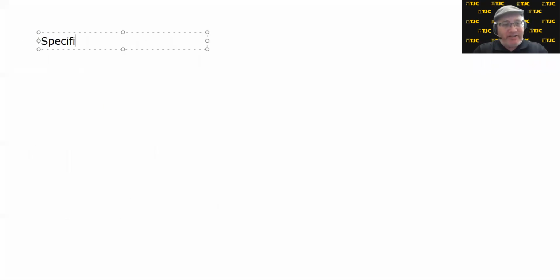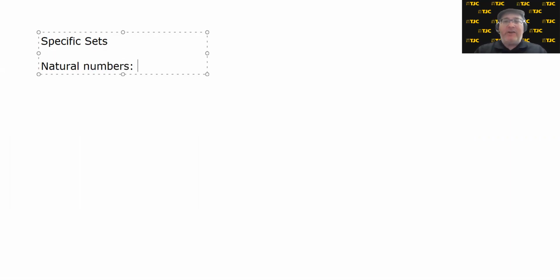These are some sets that you've probably heard of before, and we are going to encounter as we go through this course. The first set that we're going to talk about are called the natural numbers. The natural numbers do have a special letter reserved for them. That would be a capital N. The natural numbers are also known as the counting numbers because they're the numbers that you would count with.